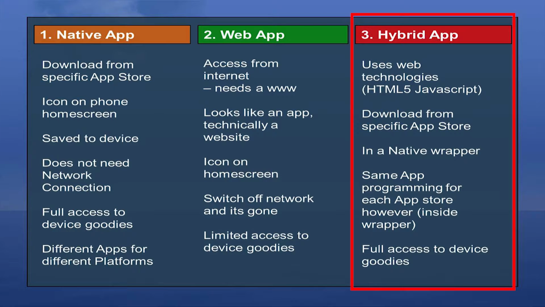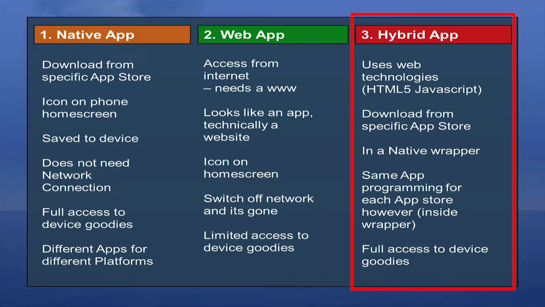So the third column here is hybrid apps, and no surprise that it's a mixture of one and two. Hybrid apps use the web technologies of web apps, so that could be HTML5 or JavaScript, and combine the native app structure to enable a hybrid app to be downloaded from specific app stores. So you introduce what's called a native wrapper.